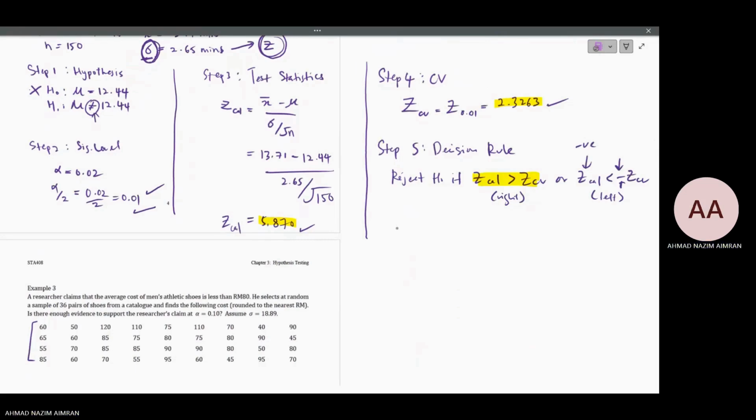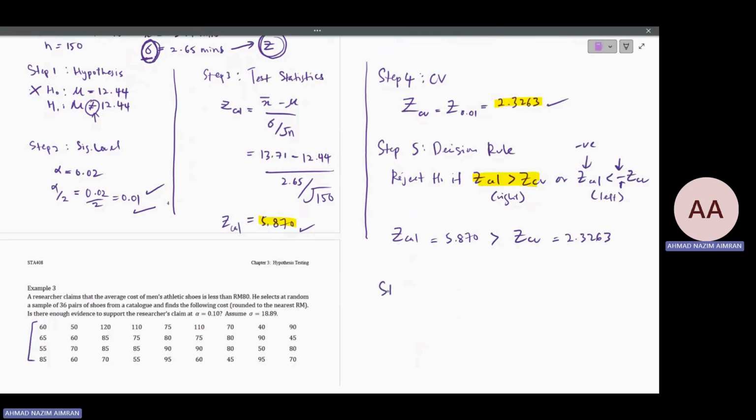Now for the decision, you can simply write down that Z calculated is equal to 5.870, and Z critical value is equal to 2.3263. Okay, now in our case, Z calculated 5.870 is greater than Z critical value, which is equal to 2.3263, right?